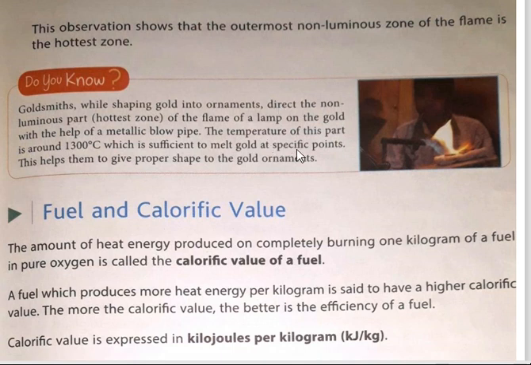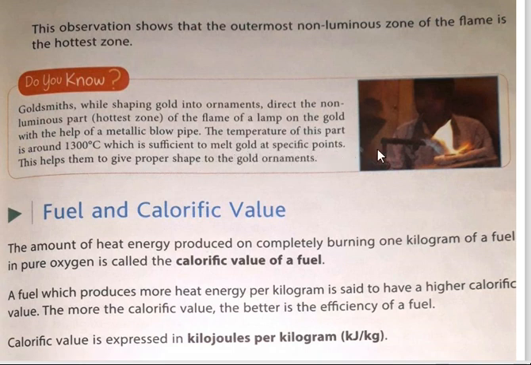They use the outermost layer of the flame with the help of a blowpipe, and they blow on the flame and divert it to the required place, and melt the gold and silver to give them the desired shape.